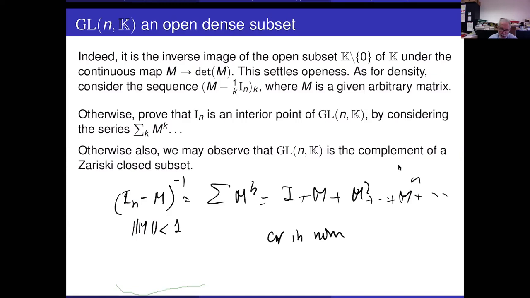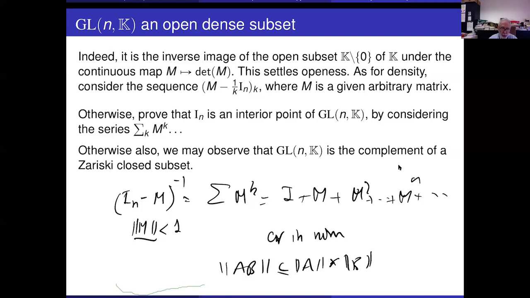We have taken the norm verifying this inequality, and if the norm is chosen like this, we can prove that the series is convergent in norm, and since we are in a vector space, it is convergent. Okay, a series which is convergent in norm will be convergent.